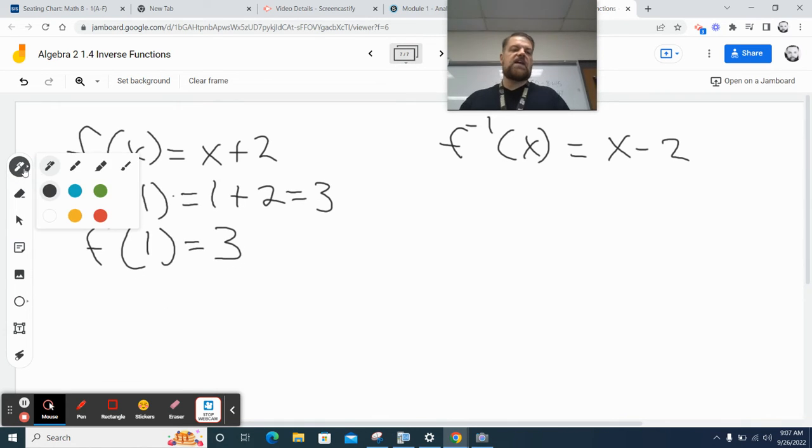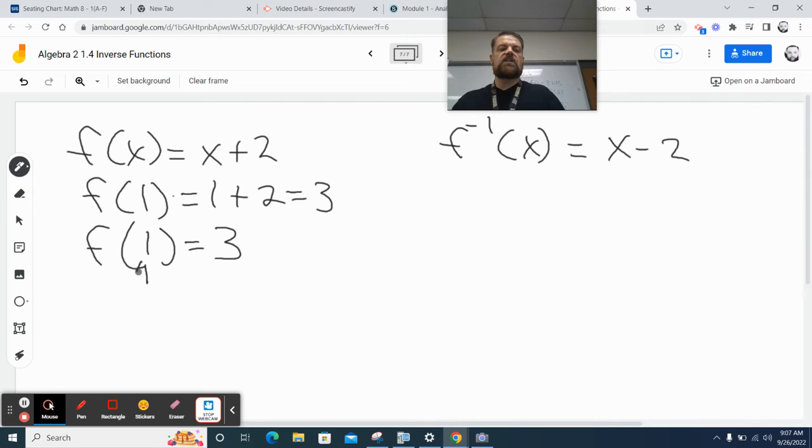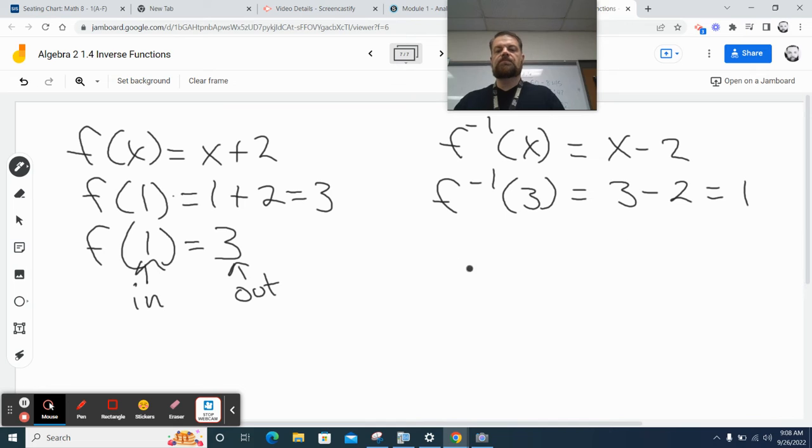Now, in this particular case, remind Mr. Adams, what is the input? Well, the input is 1, right? That's the input. And then the output is 3. Now, watch what happens when I say f inverse of my output, which is 3. I get 3 minus 2, which is equal to 1.